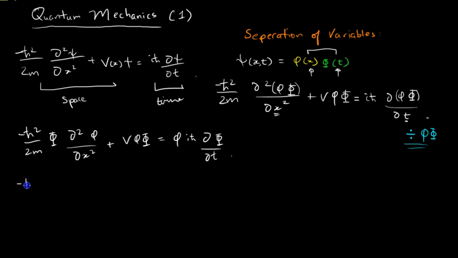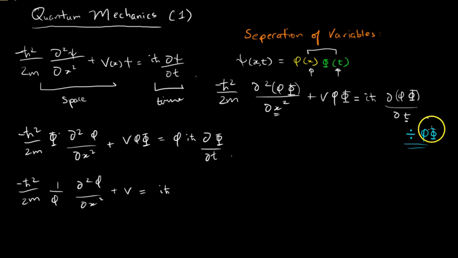So we get negative h bar squared over 2m, and when we divide phi capital Psi by lowercase phi and capital Psi, we just get 1 over lowercase phi. And then we get d squared over dx squared. And when we divide this, it just becomes 1. So we have V equals i h bar.